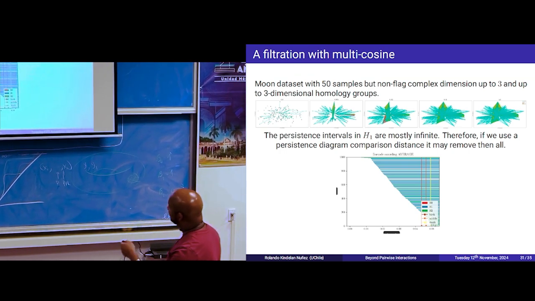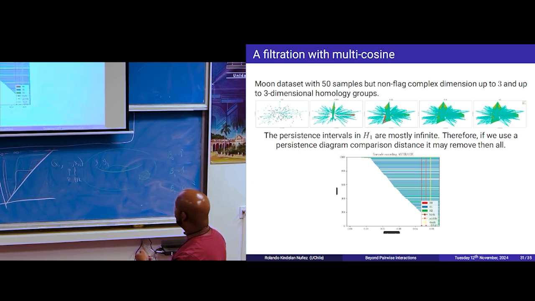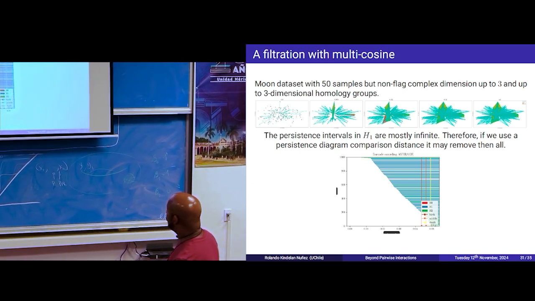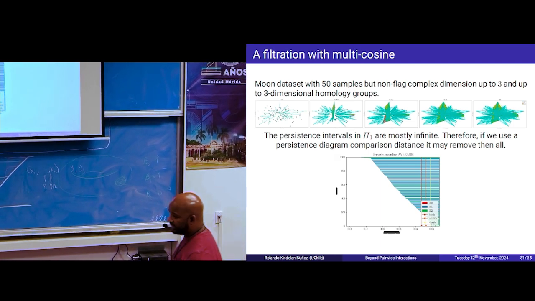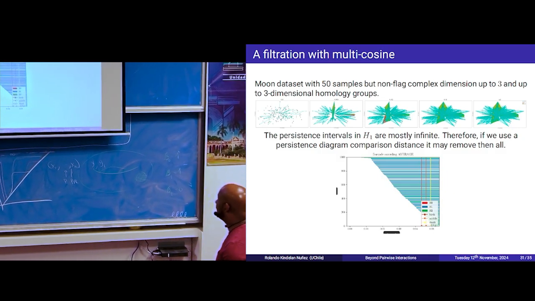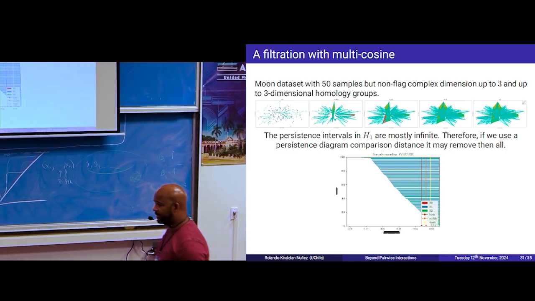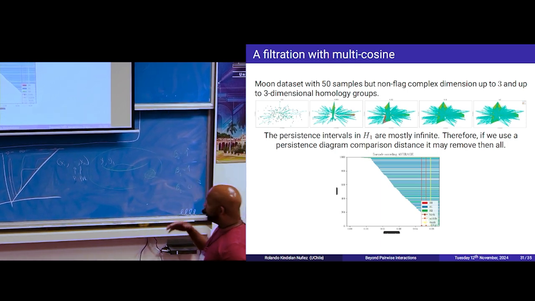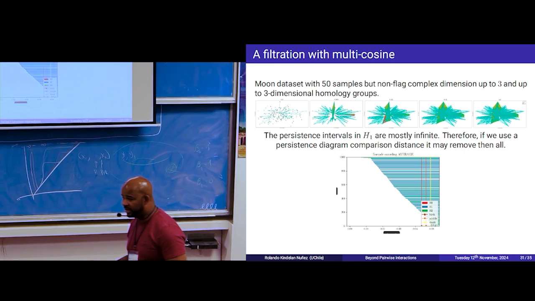We also do it with another data set, which is not high-dimensional, but it presents a curious property, which is that one-dimensional cycles are almost all infinite, which may be dangerous when you use distance to compare persistent diagrams, because usually those distances remove persistent intervals with infinite depth.